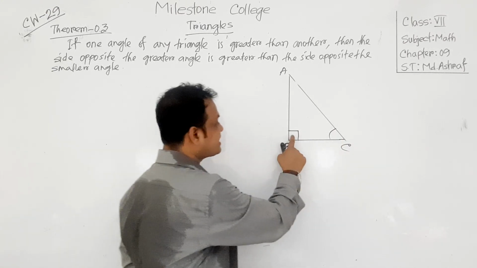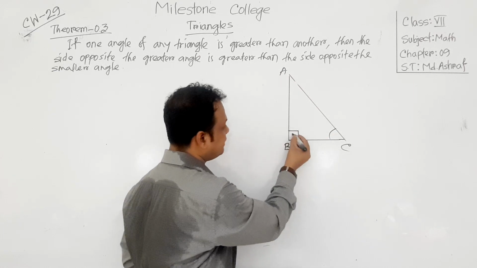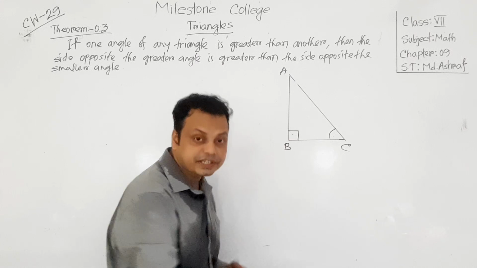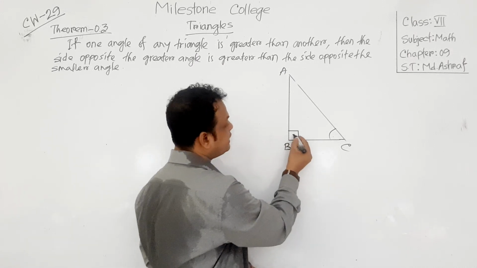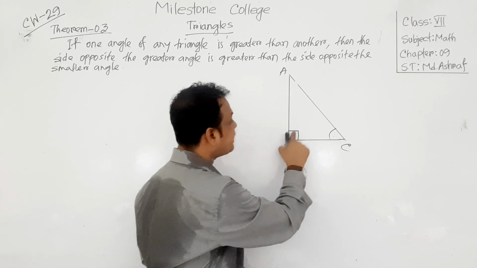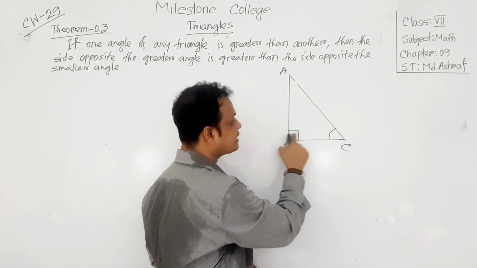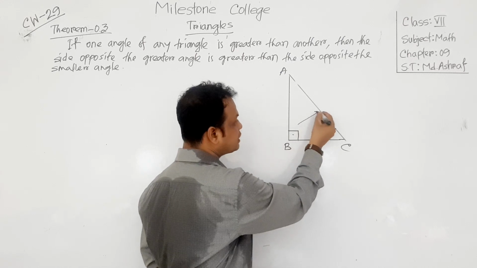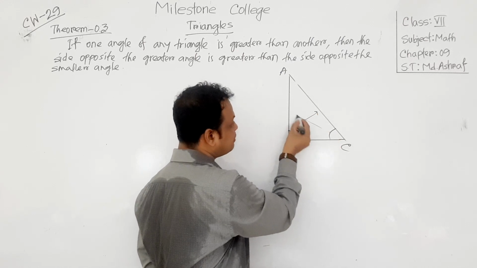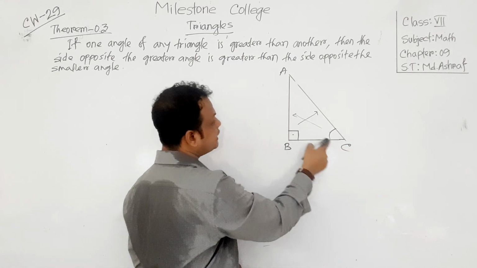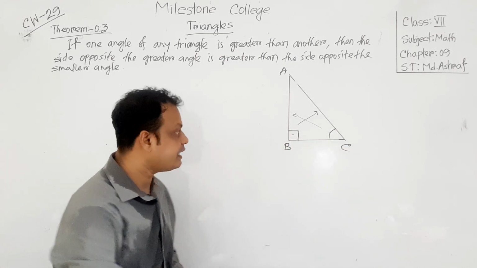Of course it is larger than this one. It may be 90 degrees and this 50 degrees, so 90 degrees is greater than 50 degrees. This angle is greater than this angle. Then the greater angle's opposite side will be AC and the smaller angle's opposite side will be AB.